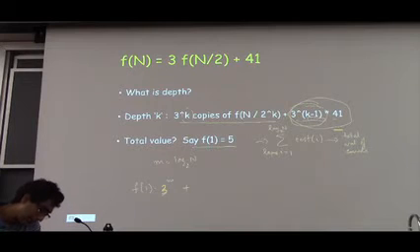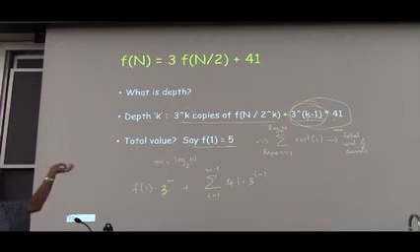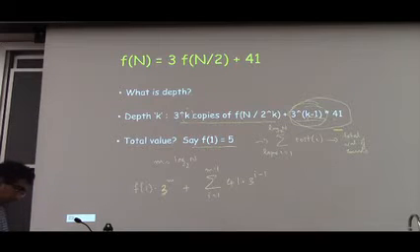And you have the sum over i equals 1 to m minus 1 of cost of i, and this is 41 times 3 to the i minus 1. In layer i there are 3 to the i minus 1 values that are 41. So this value here is f of n.